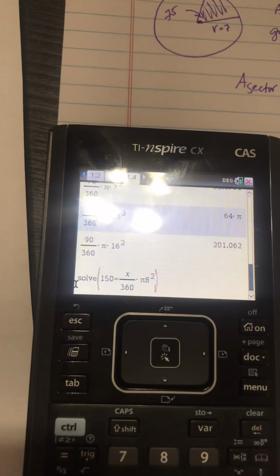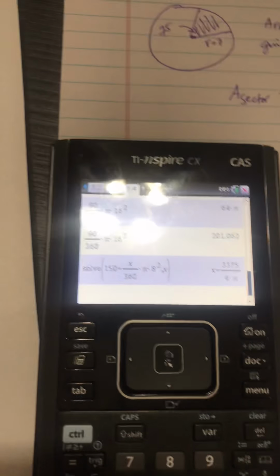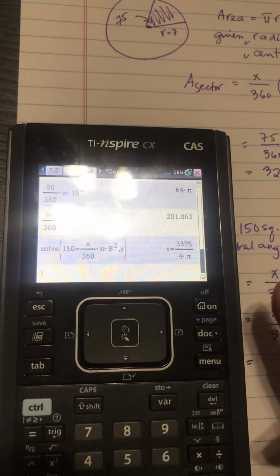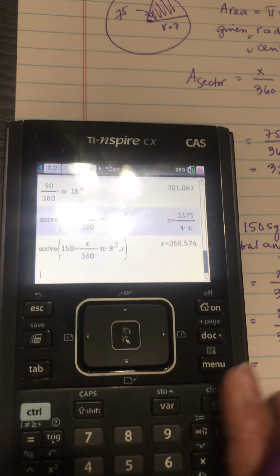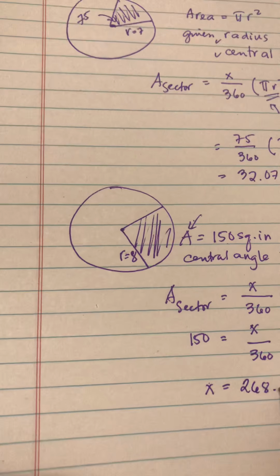I would get 268.57. So I will put here 268.57.